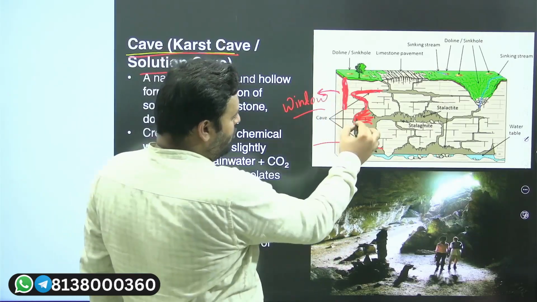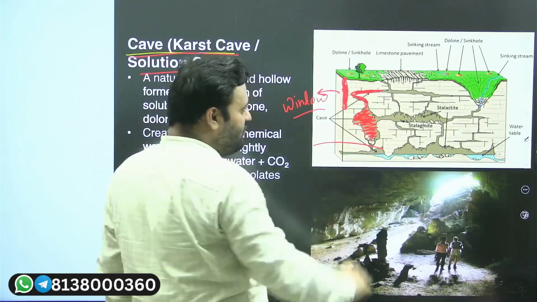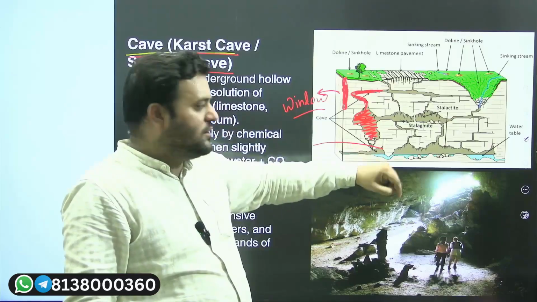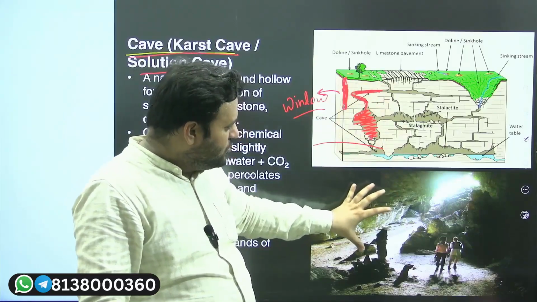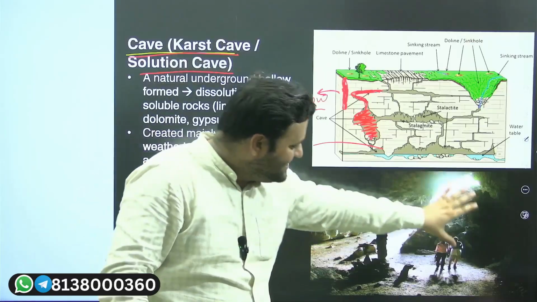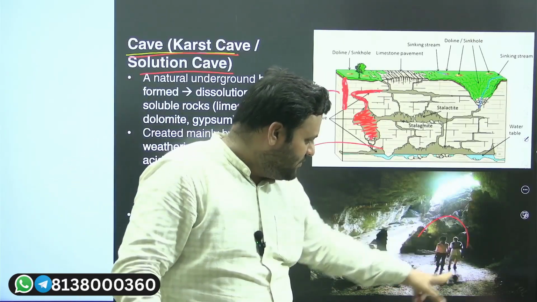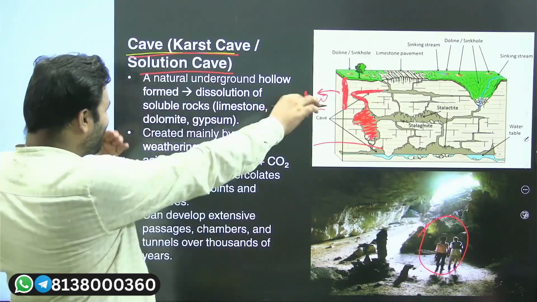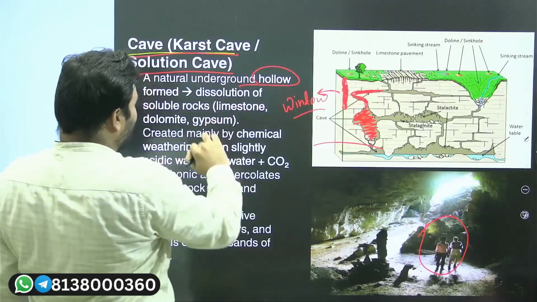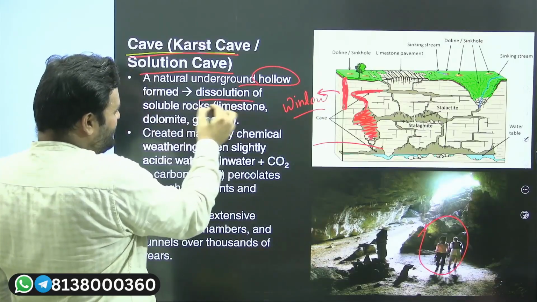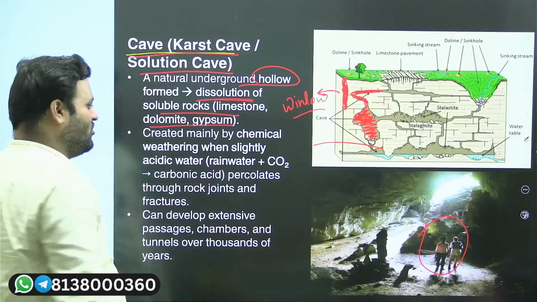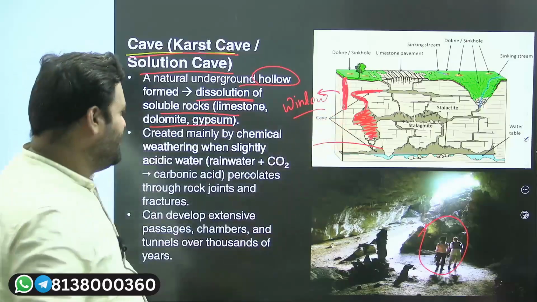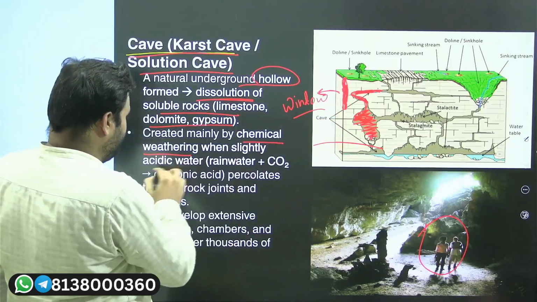And when we have hollows formed as a result of erosional action, as a result of vertical action of water, you will see a formation of these hollows. So when we have these underground hollows as a result of the dissolution of limestone or these water soluble rocks, as I told you, there will be a chemical weathering, and there will be acidic water.